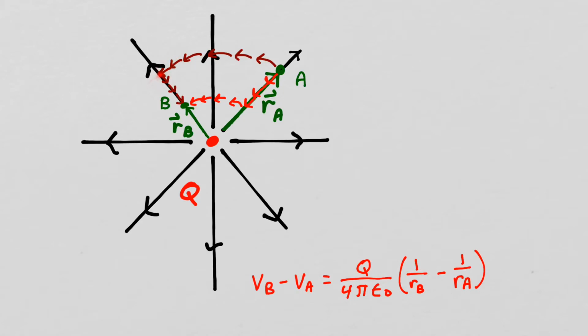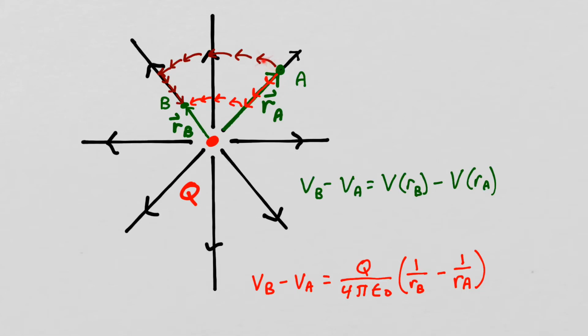All the work is done then when we're moving in the radial direction to point B. So for both these paths, the only time work is being done is when we're moving in the radial direction. And that's why the potential difference between two paths only depends on the distance the 2 points are from our point charge at the origin.